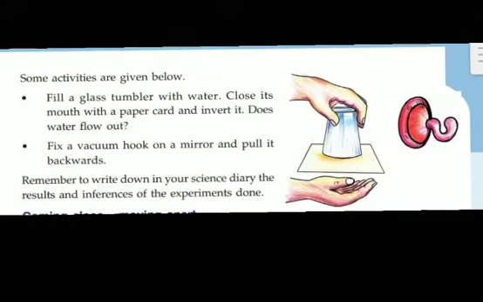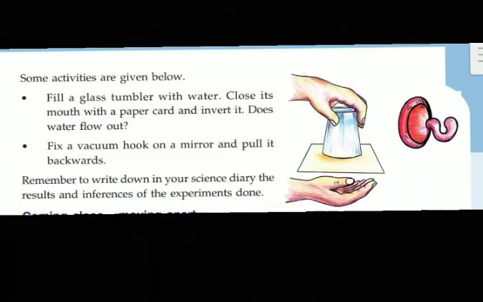Here, can you see the picture, children? In this picture, you have to fill a glass tumbler with water and close the mouth with a paper card, as you can see from the picture, and you invert it. When you invert it, you can see that the water doesn't flow out.